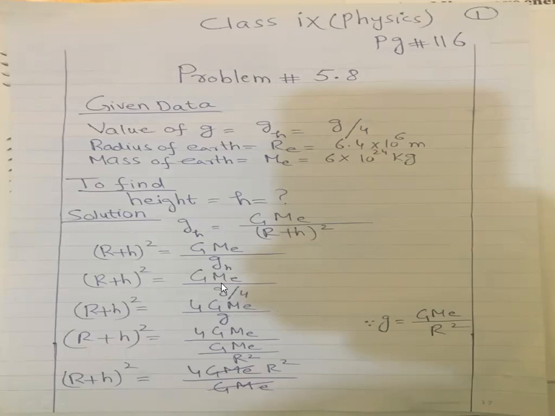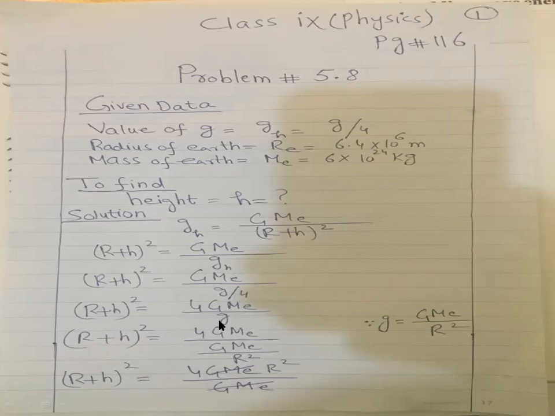This 4 will go on the top, so r plus h whole square is equal to 4 gme divided by g.